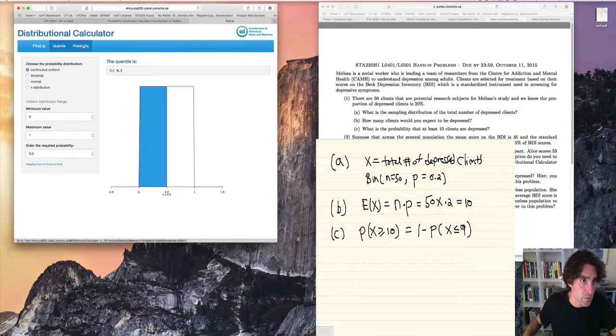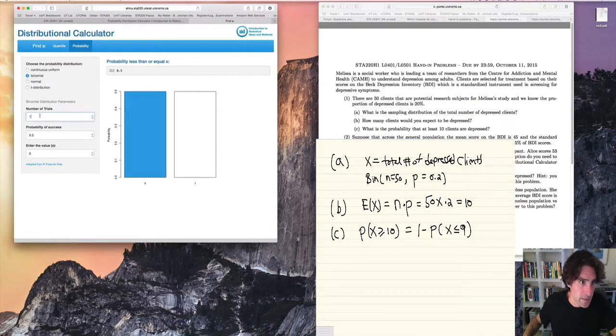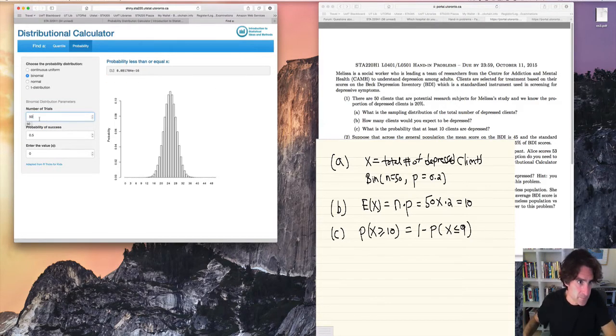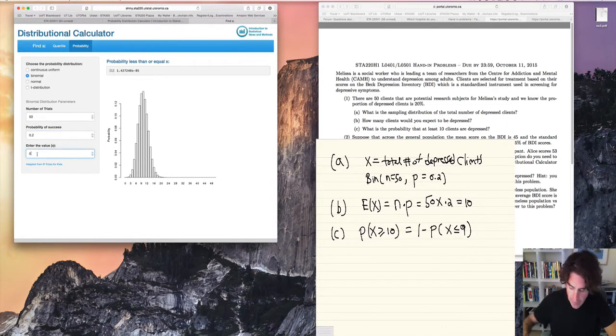So if we go here, probability and binomial, and then the number of trials is 50. The probability of success on each trial is 0.2, and the value of X that we're interested in is 9. And so that gives a probability of 0.4437.